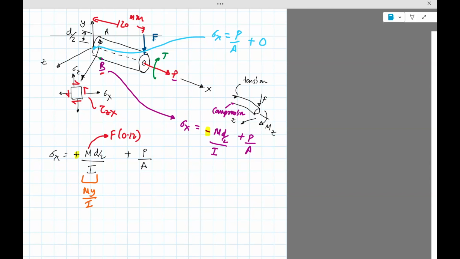It'll be zero, right? Because it's the neutral axis. So that's no wonder why I chose A, though that's something you need to figure out before you do this. It's not going to be the same stress due to F. It's going to change, but the stress due to P is constant.